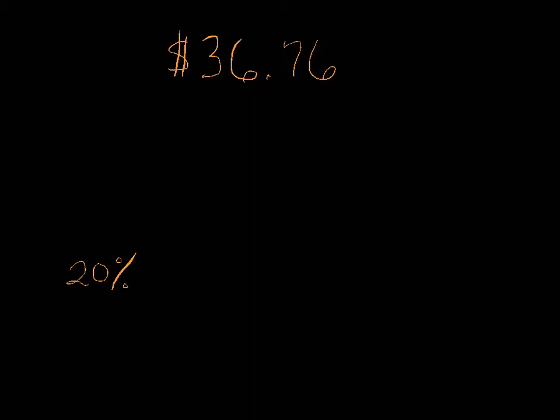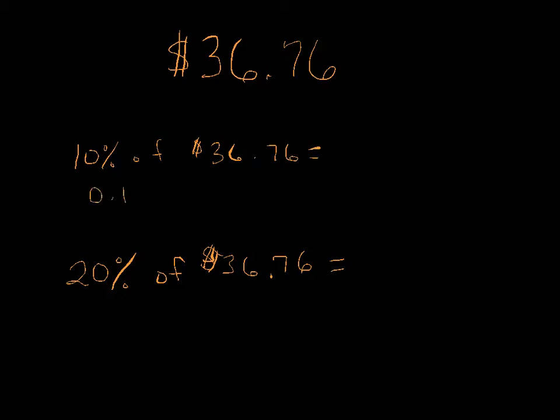So we need to figure out what 20% of $36.76. Now, in my head, I can't do that very quickly, but I can do 10% of $36.76 because it's the same thing as 0.1 or 1/10 times $36.76.